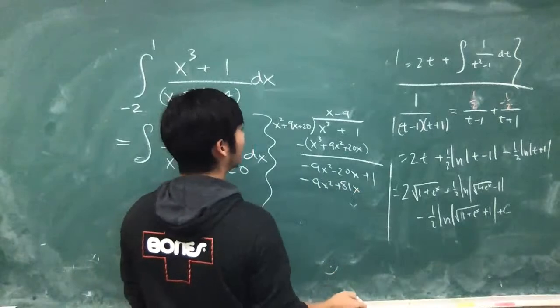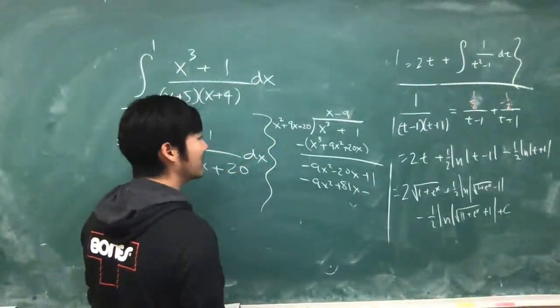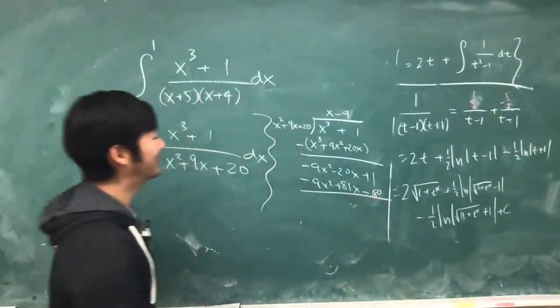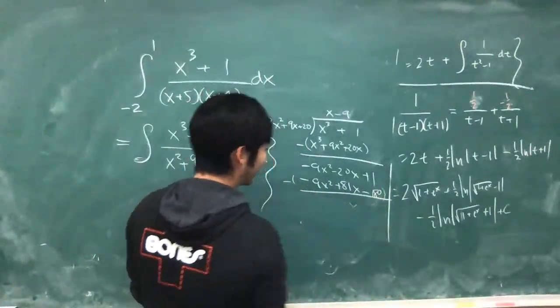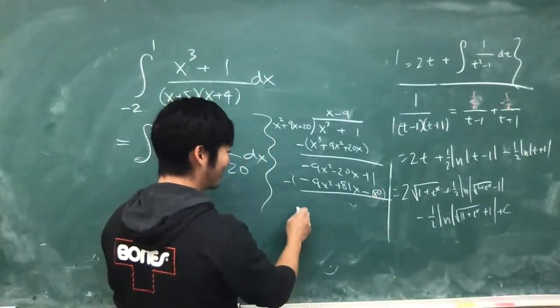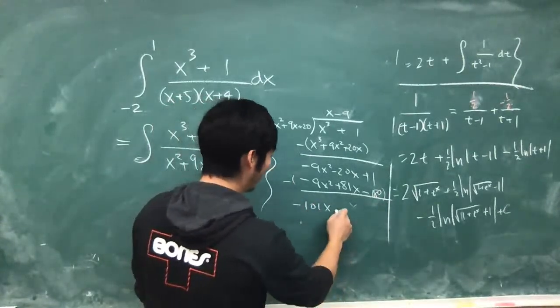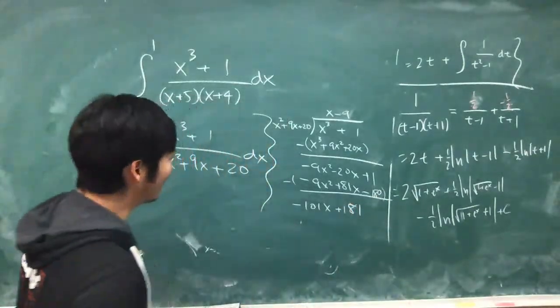x minus, what the heck is this, 180? Yeah, it looks right. So subtract this. So then it's going to be negative 101x, and then plus 181. And that's the remainder.